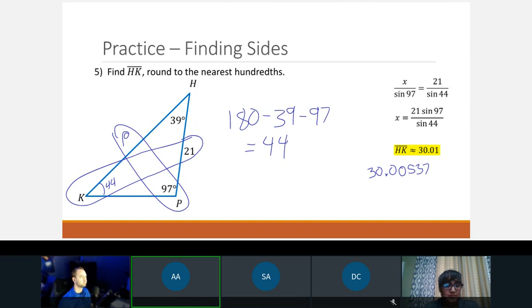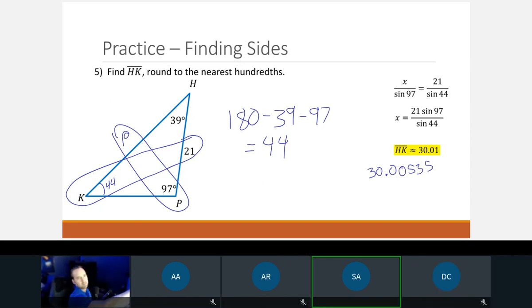Mine's a bit different, but then 237. Or maybe that's my calculator. I don't know. No, it should be all of them. Okay. 0053.5. Oof, that voice crack. That was awesome. And then 237. Okay. All right.